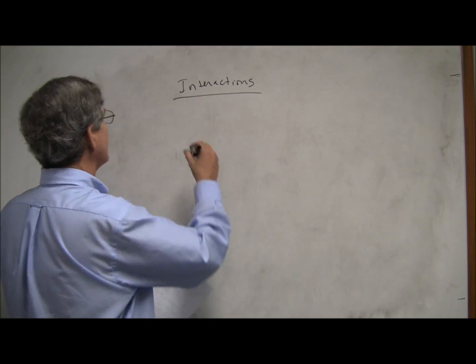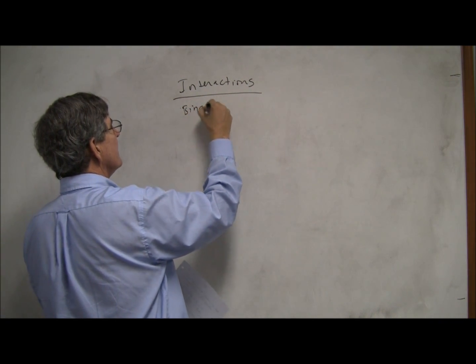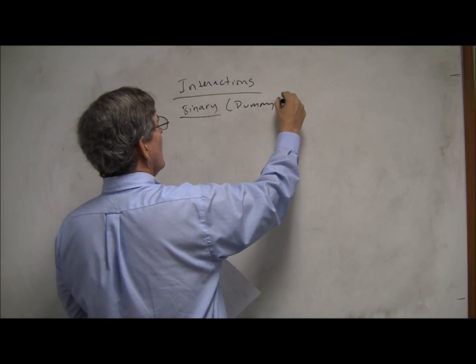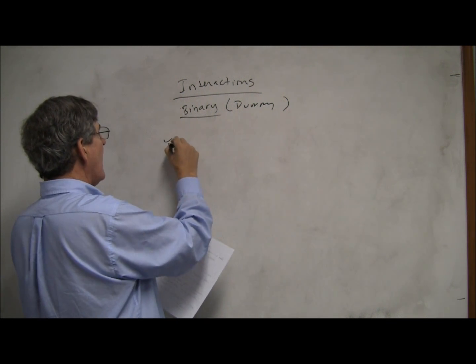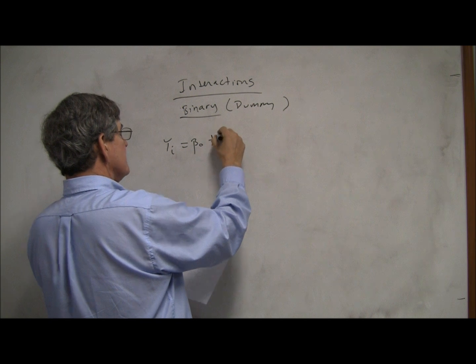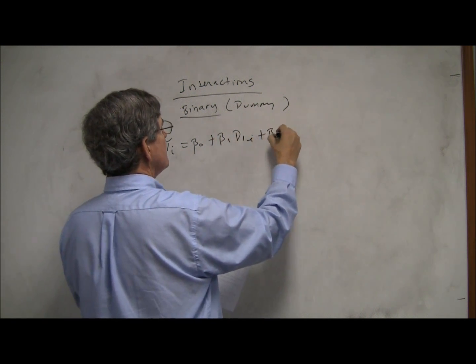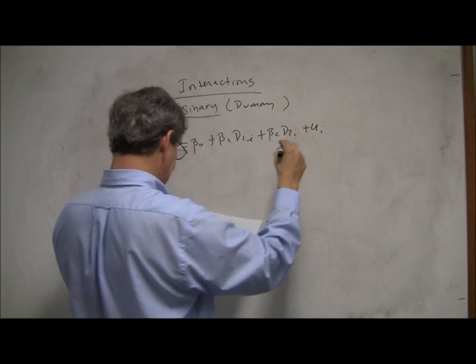So let's first look at interactions of binary variables. Those are dummy 0, 1 variables. So say we have a model that's y i is beta 0 plus beta 1 d1i plus beta 2 d2i plus u i.